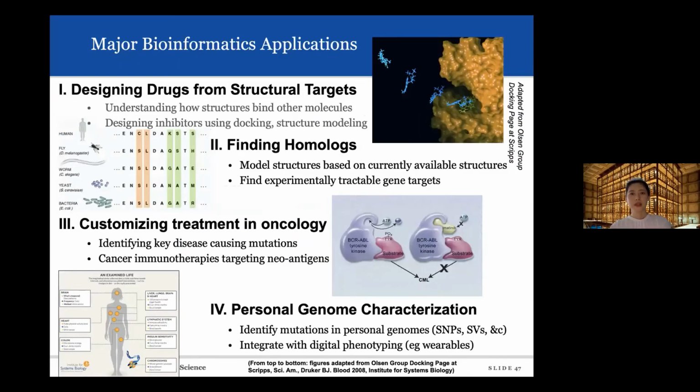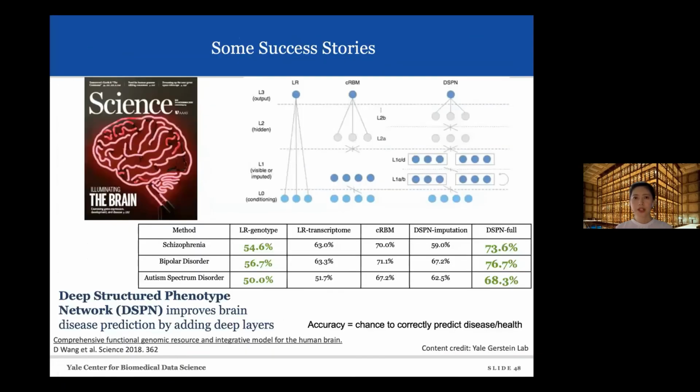There are different areas for his team. One of them is designing drugs from structural targets. I'm not going to dive into all the details, but he's very much into personal genome characterization by leveraging computational tools. I think the Science collection published more than a dozen papers from him in 2018.